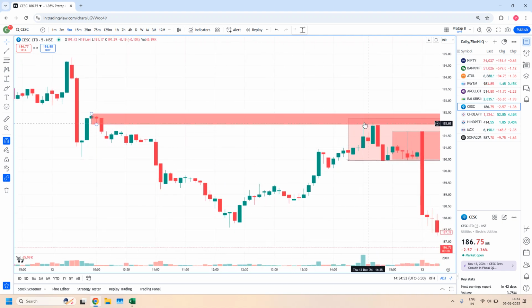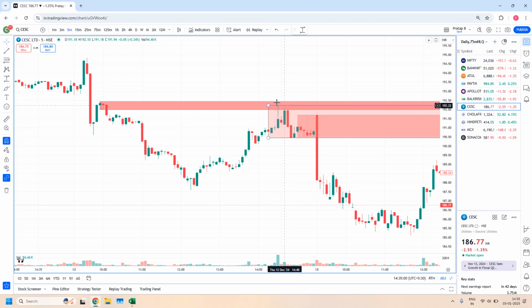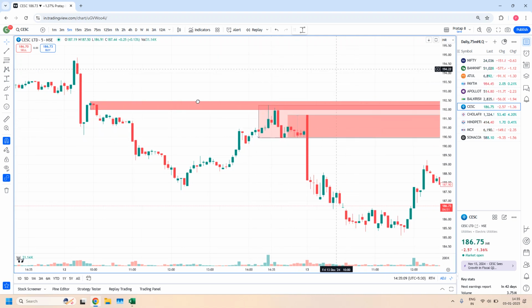And it picked up the orders from this zone. Prices came down, and then this entire flow started moving down by picking the orders from this 5 minute zone as an horizon to this entire 75 minutes high liquidity zone.